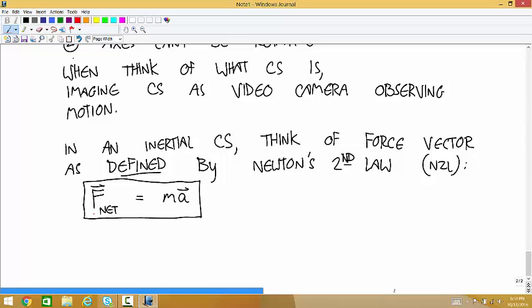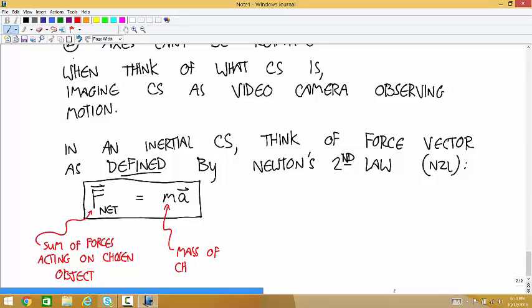And the meaning of these quantities is F is the sum of all the forces acting on a chosen object. M is the mass of the chosen object. And A is the acceleration vector of the chosen object.